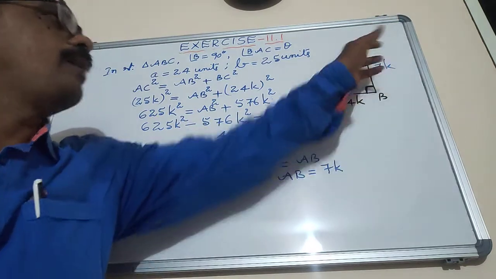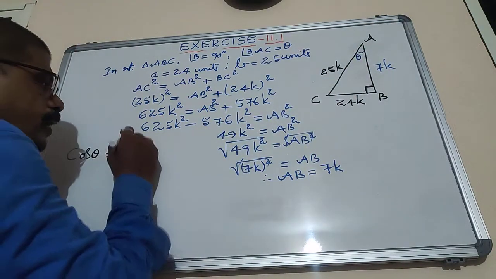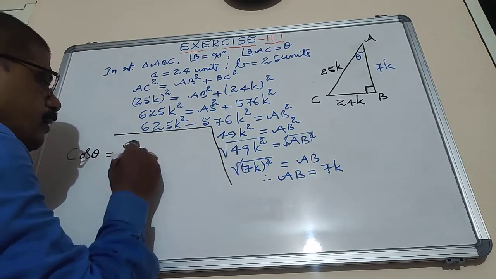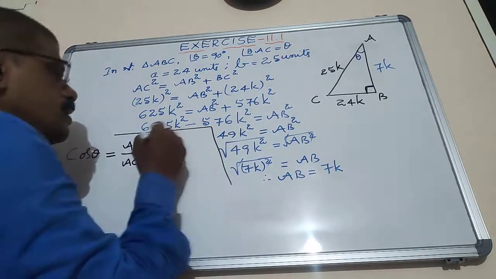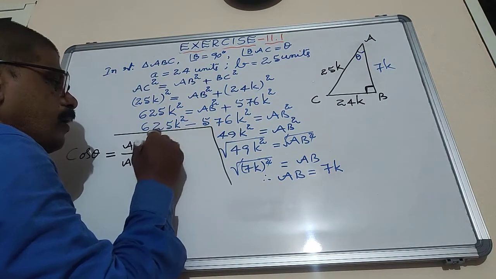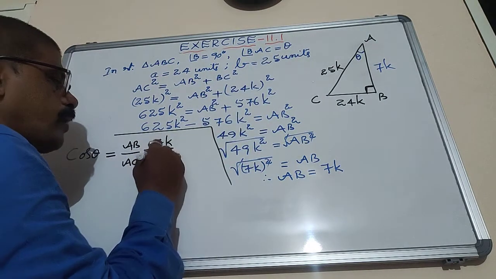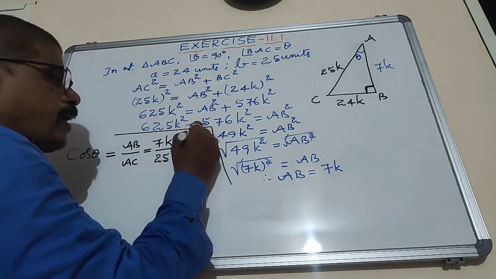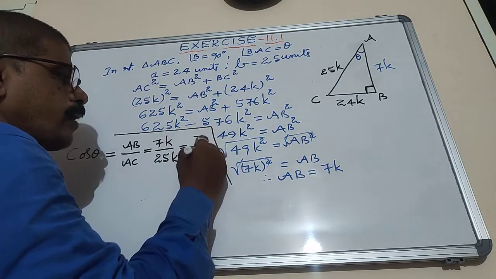That means AB by AC. AB equals 7k, and AC is 25k. Now k is cancelled. It will be 7 by 25.